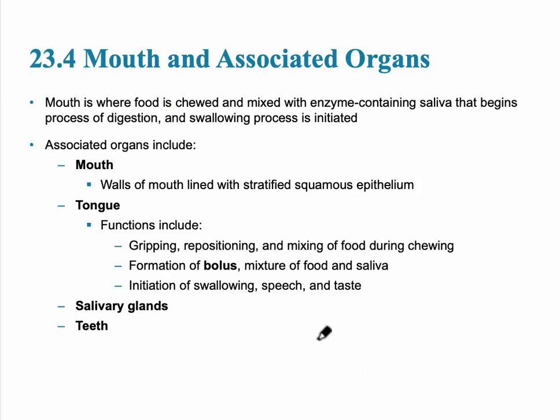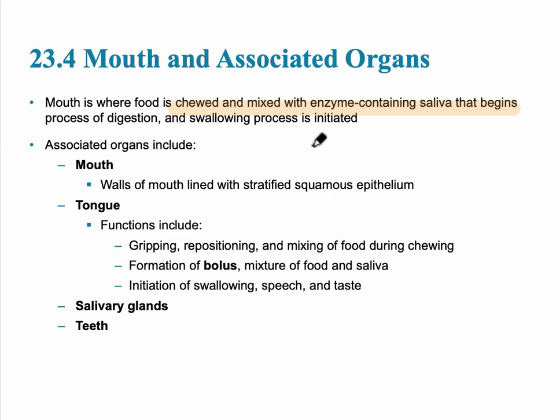So let's look at the mouth and the associated organs. The mouth is where the food is chewed, obviously, and it's mixed with enzyme-rich saliva that begins the digestive process. Specifically, there's an enzyme called salivary amylase that breaks down carbohydrates.